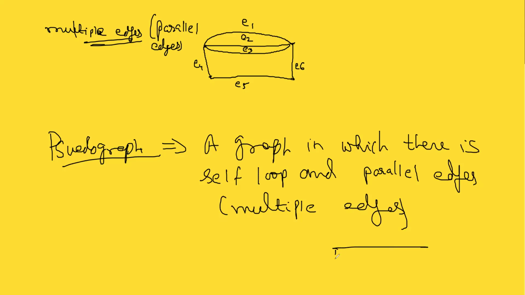For example, this is a pseudograph, not a simple graph, because this graph contains a self loop and parallel edges.